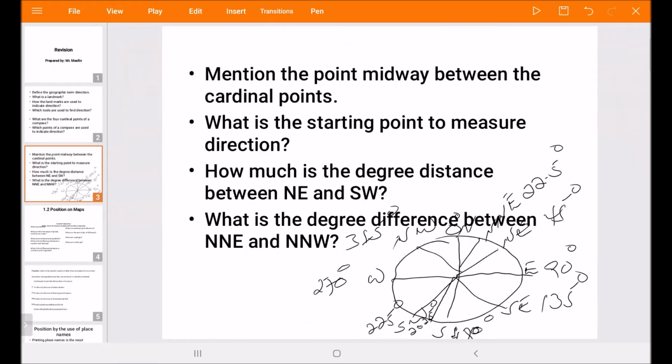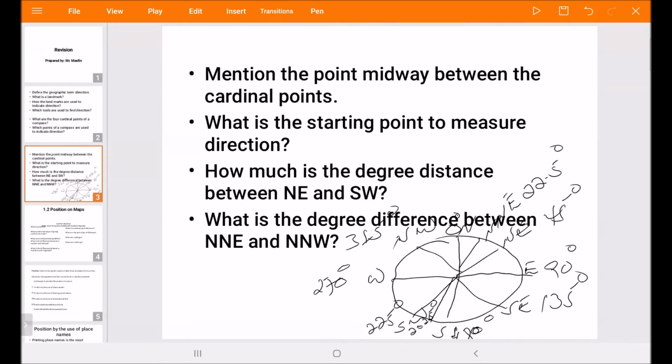Again, what is the degree difference between northeast and northwest? We said there are 16 directions on the compass. The angular bearing of northeast is 22.5, and the angular bearing of northwest is 337.5 degree.